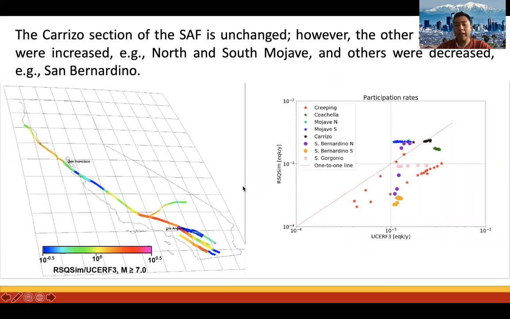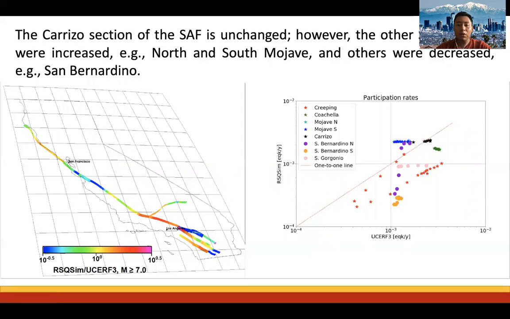We're going to be focusing more on the San Andreas fault system in this slide, in which on the right, we have the scatter plot of the participation rates for a few different parent sections of the San Andreas fault system. And we have the one-to-one line, which is represented here in the red dashed line. We observe this cluster in black, represented by the black stars, which represent the participation rates for the Carrizo parent section.